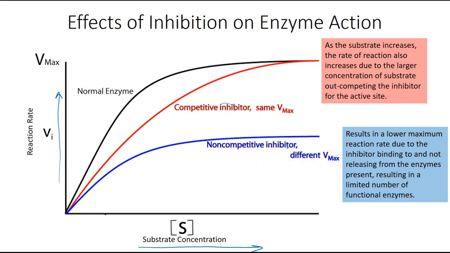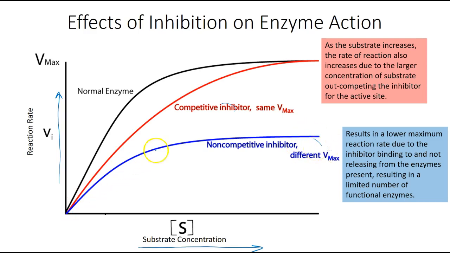And because those inhibitors stay attached or often change the enzyme shape irreversibly, you will never achieve the same maximum potential because you have altered the amount of enzymes that are possible.